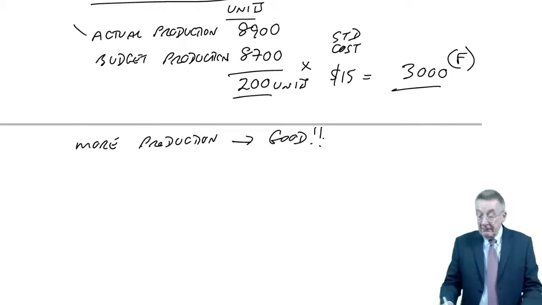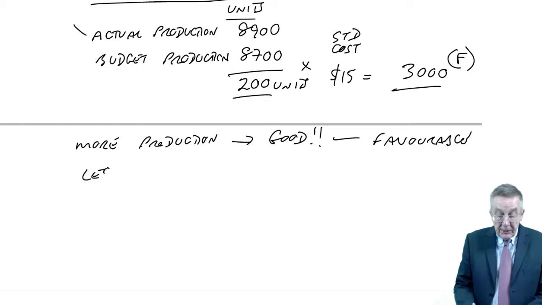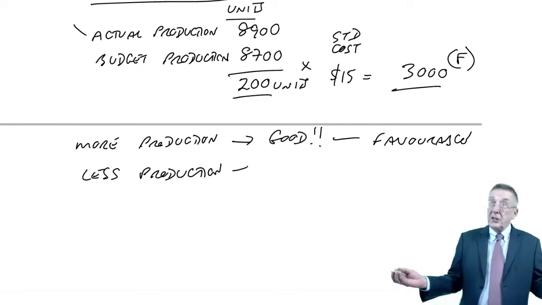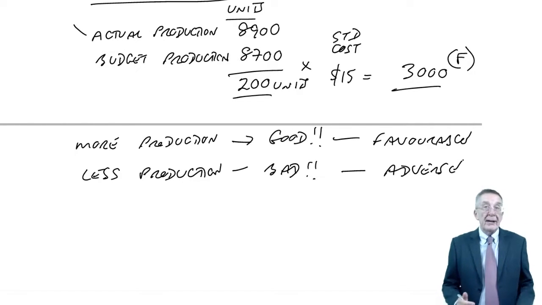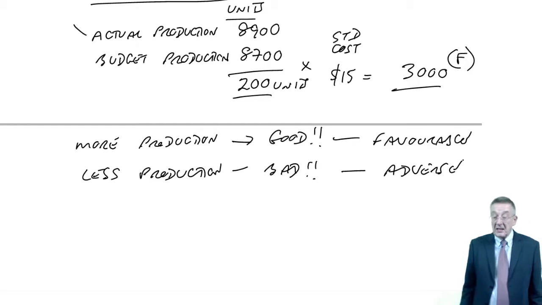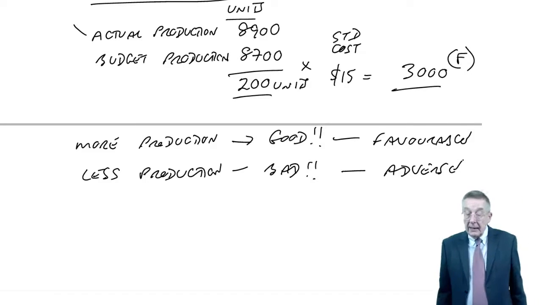And because it's good, the variance is favourable. Whereas had we had less production, I'd have said, oh, more production good, less production bad, and it would have been adverse. Now, I'd say it's a bit of a cheat, really. More production, less production isn't necessarily good or bad. But that always works for me here.